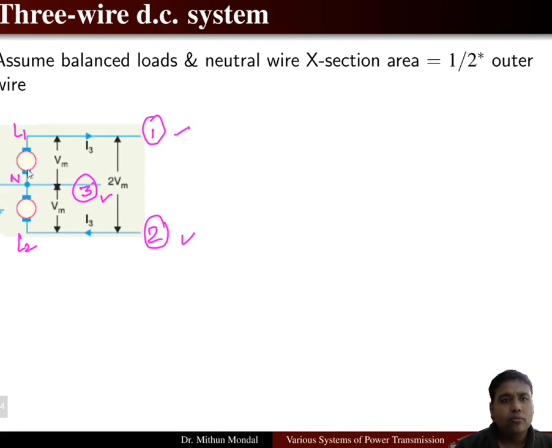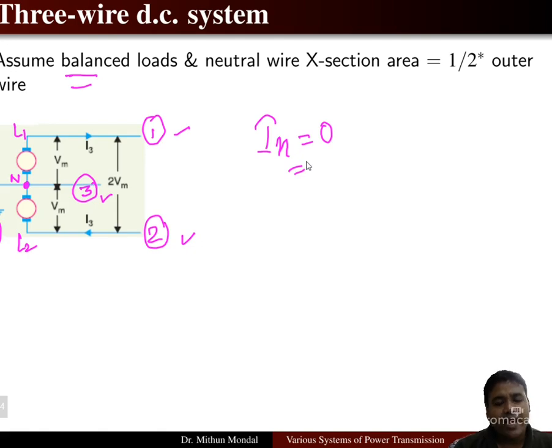And your midpoint, this is the neutral or the midpoint, but we can say that it is earthed, okay? Now, if your load is balanced, if you have the balanced load, the current flowing through the neutral wire will be 0.